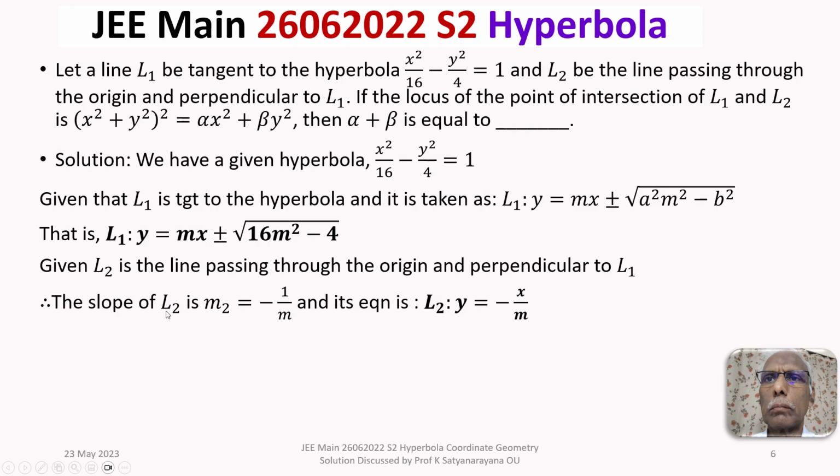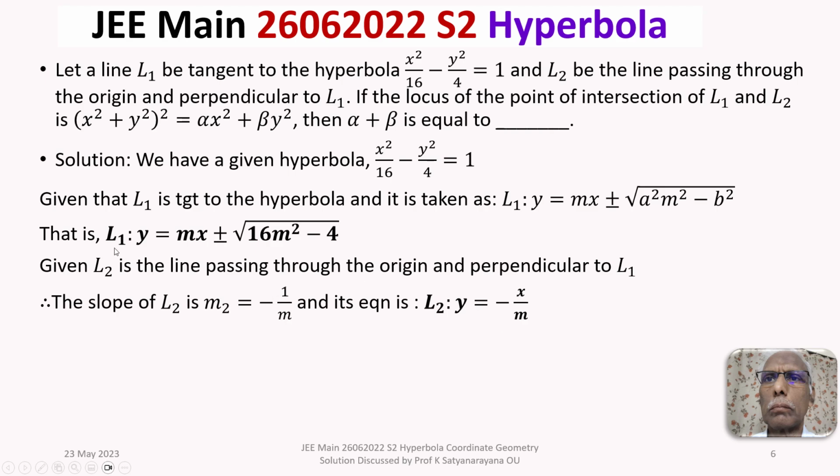The slope of L2 is minus 1 by m, and L2 is passing through the origin. Therefore, the equation of L2 is y is equal to the slope times x, that is y is equal to minus 1 by m times x.